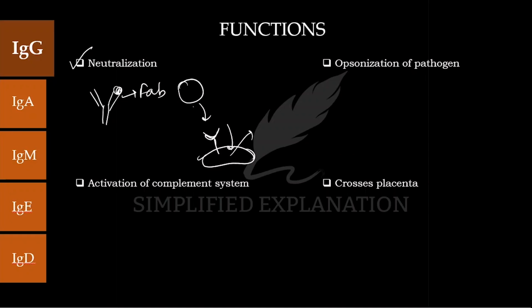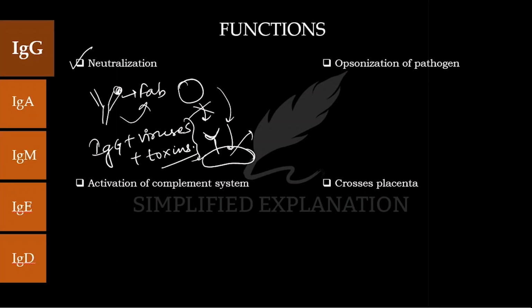So when the antibody binds with the viruses, it prevents these viruses from entering the host cell, and thus also inhibits the replication of these pathogens. Also these IgG can bind with toxins, so as to prevent the infection.